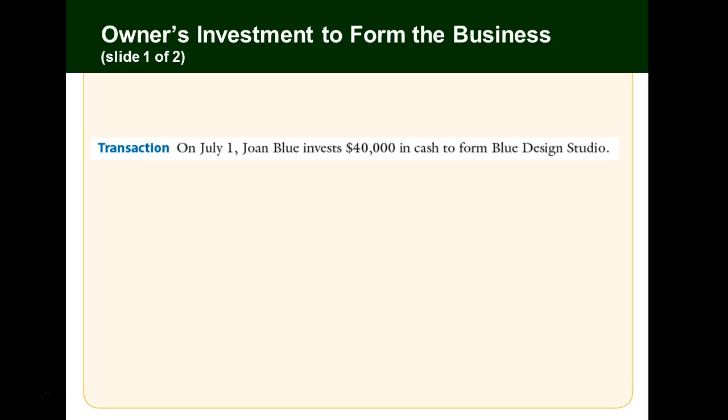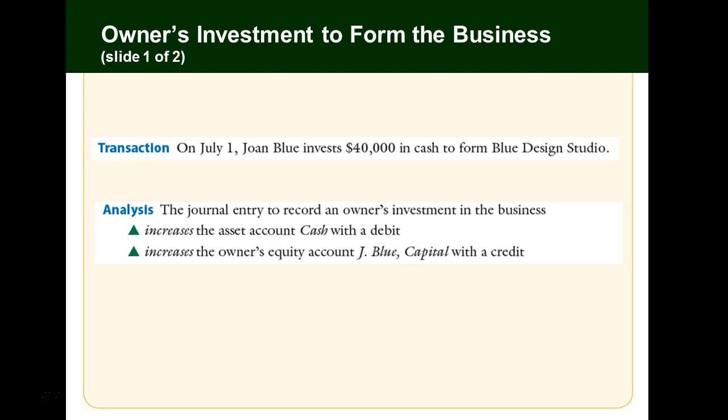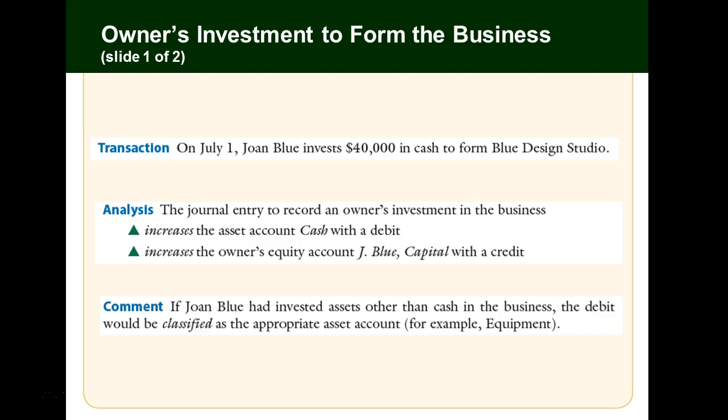She's investing her own money into this new business. So what's happening here? We're going to increase cash with a debit, the left-hand side. We're going to increase our owner's equity account with a credit.